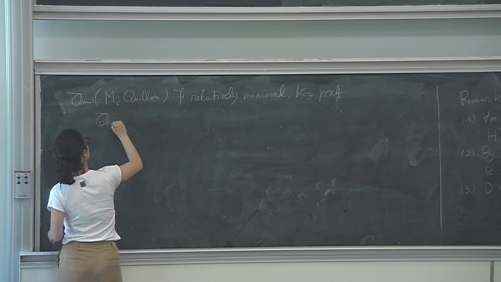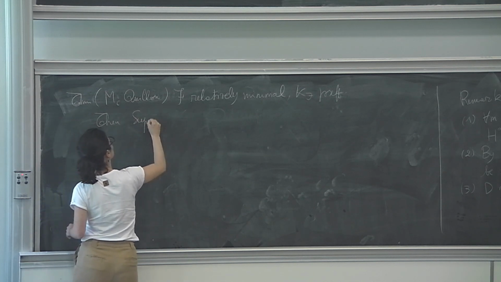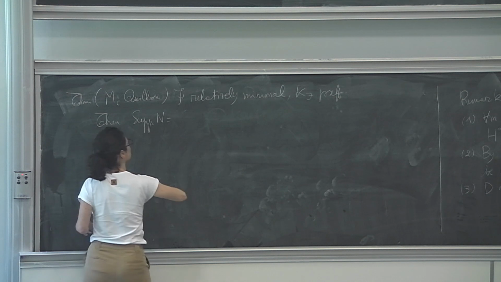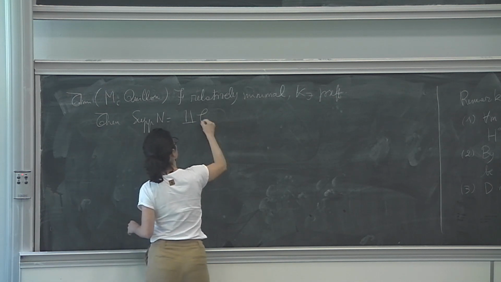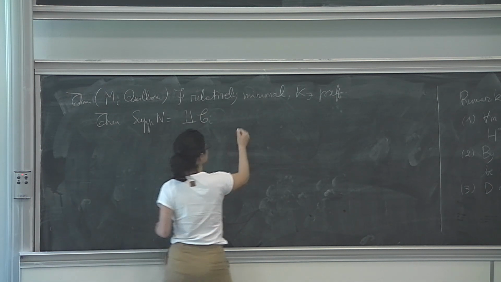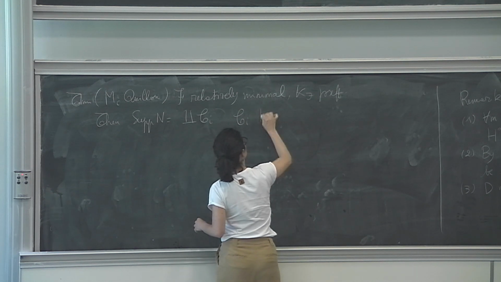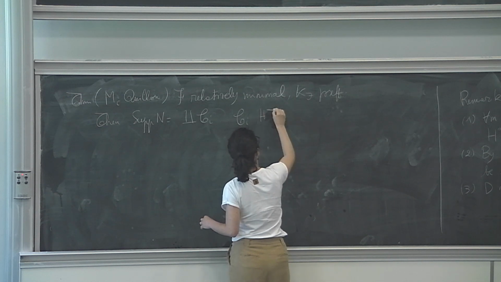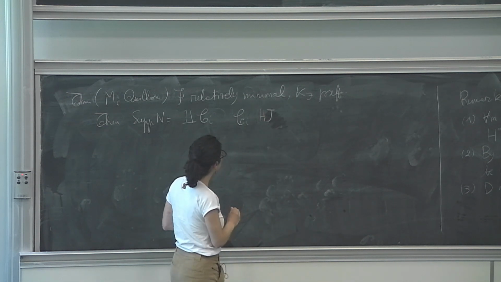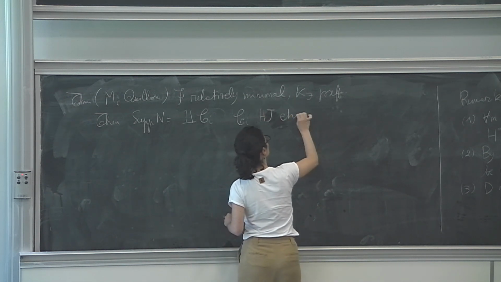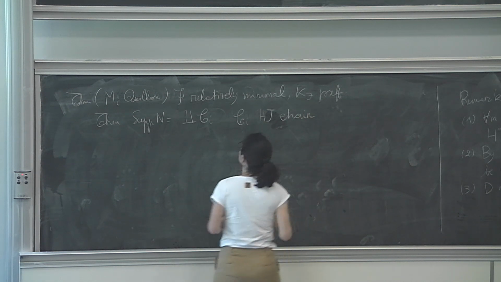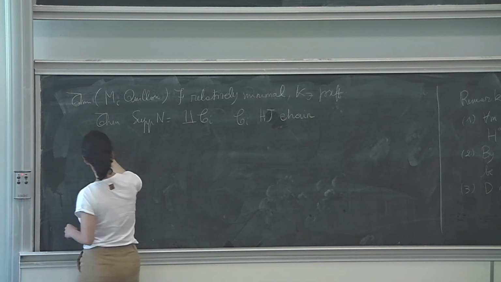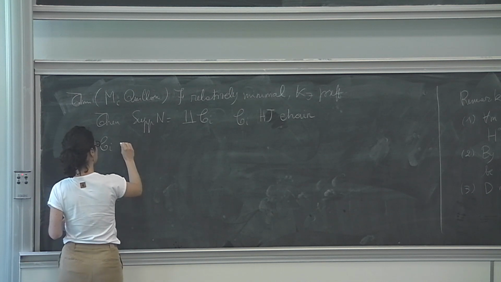Then the support of N is a disjoint union of C_i's, where each C_i is a Hirzebruch-Jung chain. The C_i's are F-invariant.